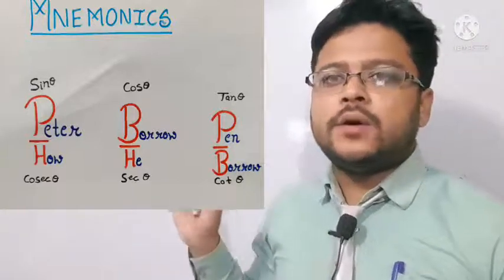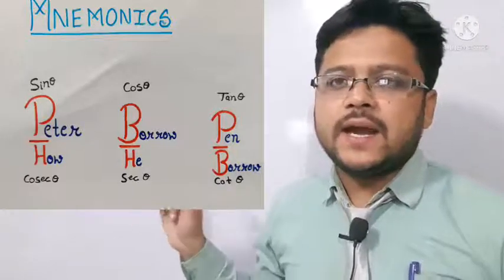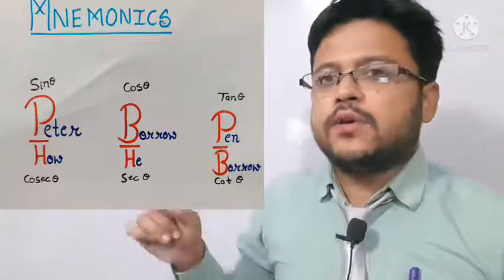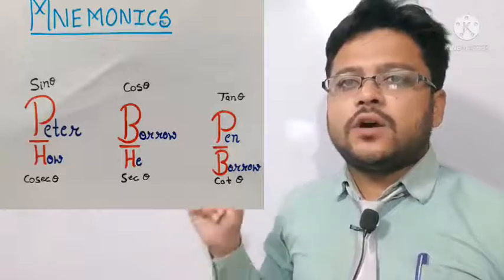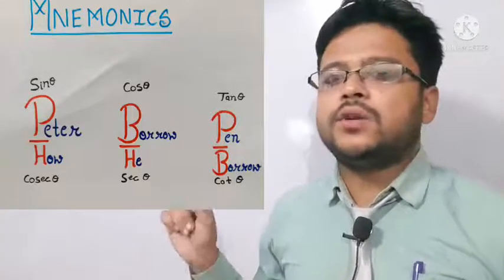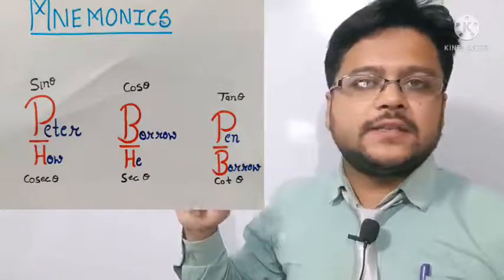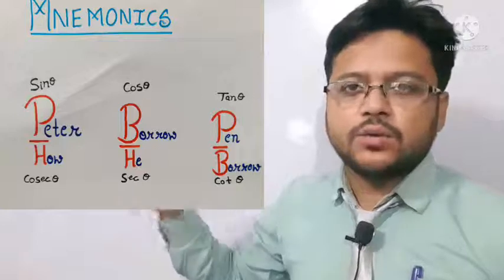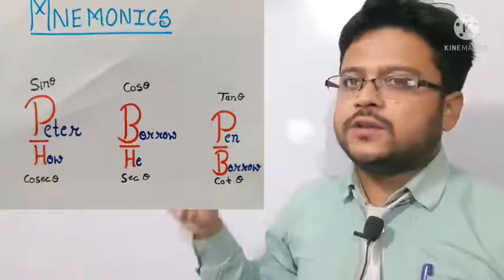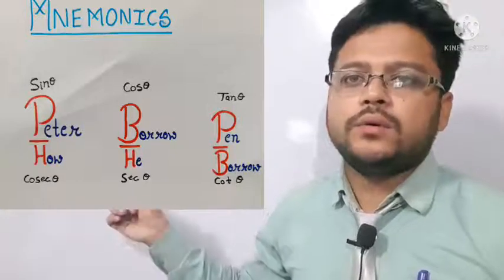The starting letters of the words in this sentence are P, B, P, H, H, B. In this mnemonic, the series of trigonometric ratios plays a vital role. You have to learn the order: sin, cos, tan, cosec, sec, cot. After that, you have to learn the mnemonic: Peter borrows pen, how he borrows.